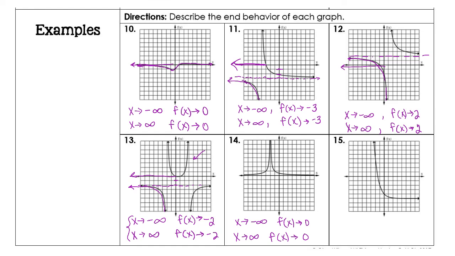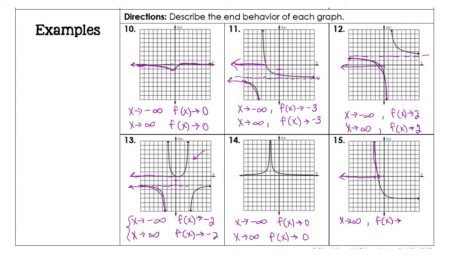And then 15, same idea. X is approaching infinity. So what is f of x approaching? Negative infinity has been what I've been putting. So as we are approaching negative infinity, what does it look like this function is approaching? Well, it looks like it's starting to flatten out.